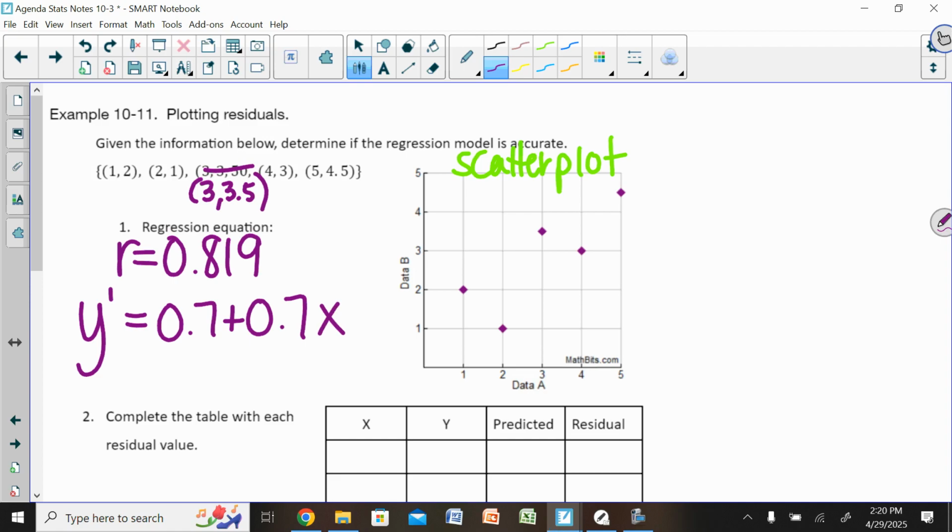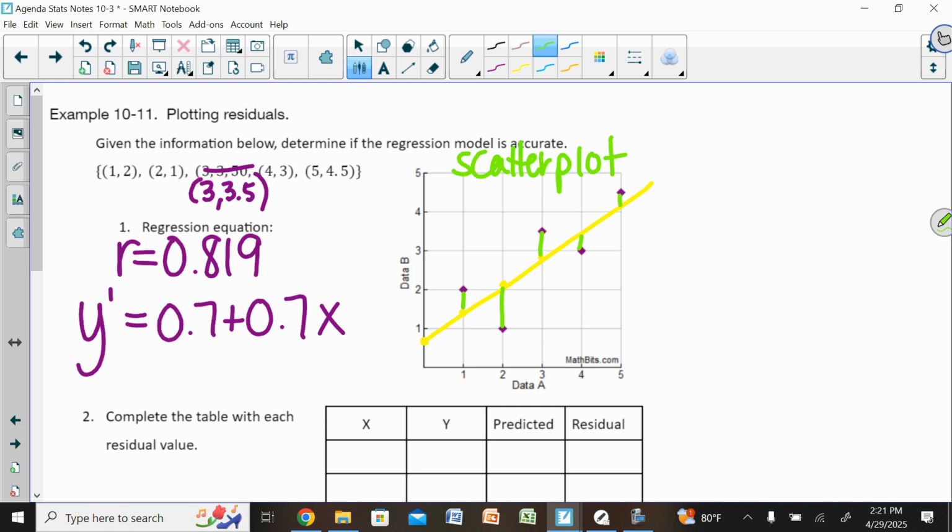So my y-intercept is 0.7 and my slope is 0.7. So my line would go something like this, if I were to draw that in. So with that being said, I've got a pretty good idea. So I know that I've got some residuals.